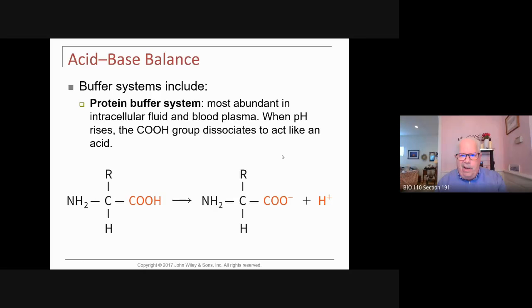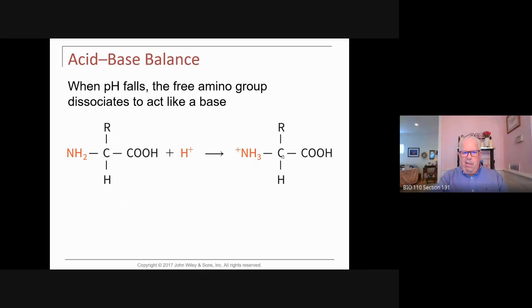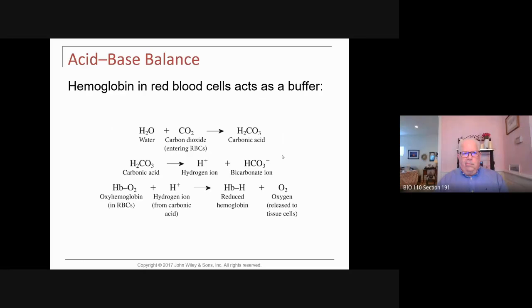It is the most abundant buffer system in your body. Okay? Hemoglobin. Hemoglobin is a protein. It is a combination of iron, which makes heme, and globin, which is a protein.